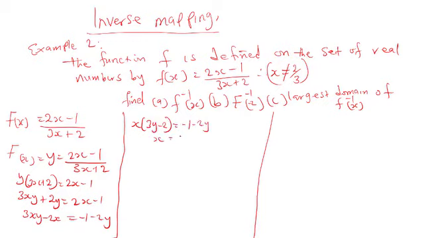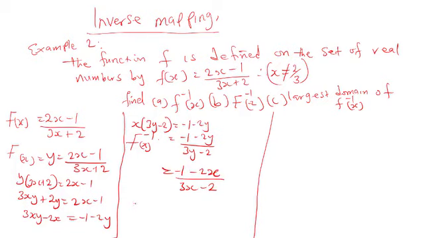So our x is equal to minus 1 minus 2y all over 3y minus 2. So this is our inverse, our x inverse is equal to this. Okay, so with this, the value of our f inverse of x is equal to minus 1 minus 2x all over 3x minus 2.